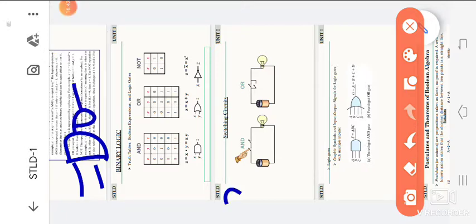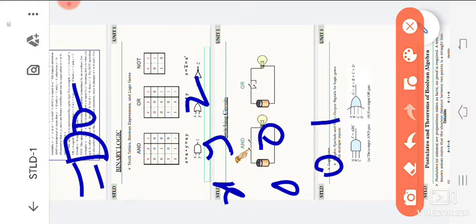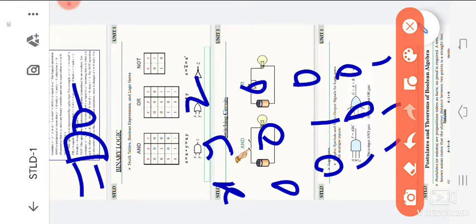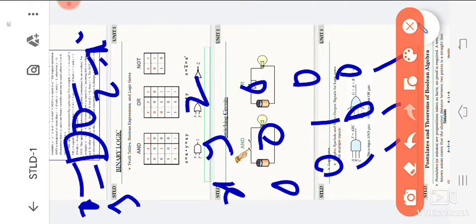This is the truth table for the AND gate, X, Y, Z: 00, 01, 10, 11. So we are getting 0, 0, 0, 1. So this is the AND gate. For the NAND gate output equation, this is the X, this is the Y, Z equal to X Y bar.